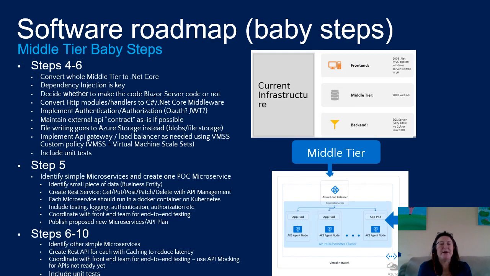Okay, so now we're going to deal with the more detailed steps that are required for the middle tier. Once you've got the monolith middle tier in Azure, there are more steps that you have to take, obviously.